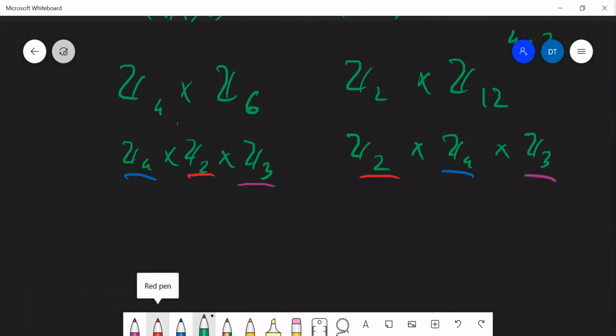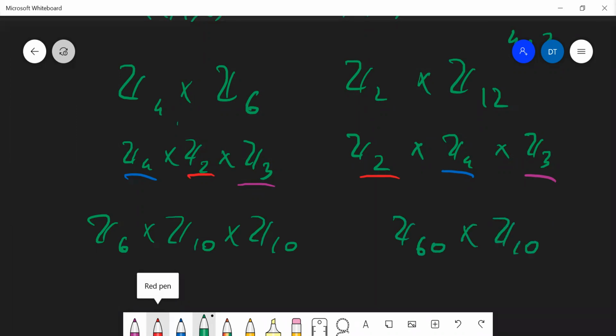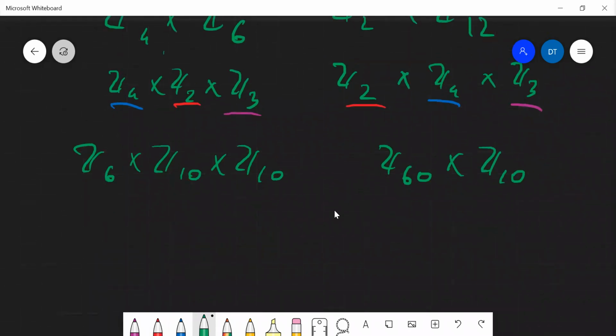Which one should I use? Something like Z6 times Z10 times Z10 versus Z60 times Z10. Well, when we want to compare these two groups, just decompose the first one as Z2 times Z3. The second one is Z2 times Z5, and then again Z2 times Z5.